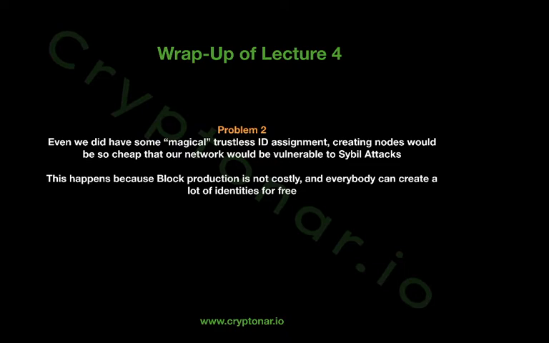So maybe a good path would be to make this identity creation, or at least the validation of the block, somehow costly, so we can avoid this type of attack.